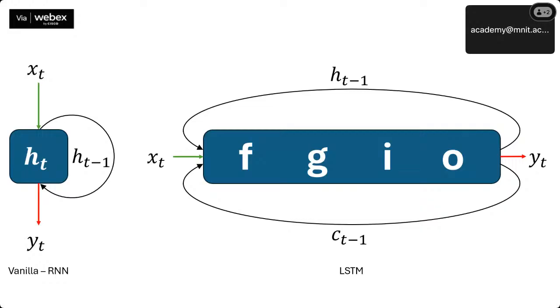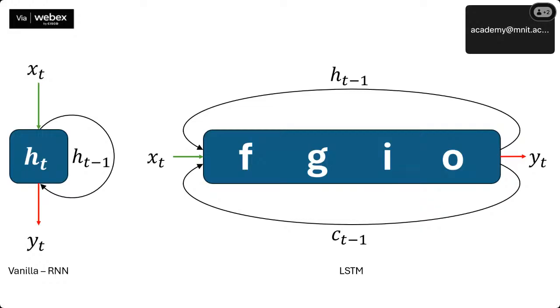If you replace RNN with an LSTM, the number of weights is going to be four times the original weight that we had in vanilla RNN. So you have to be very sure about which one to use in which application. Vanilla RNN can be used, I think, on small data sets.